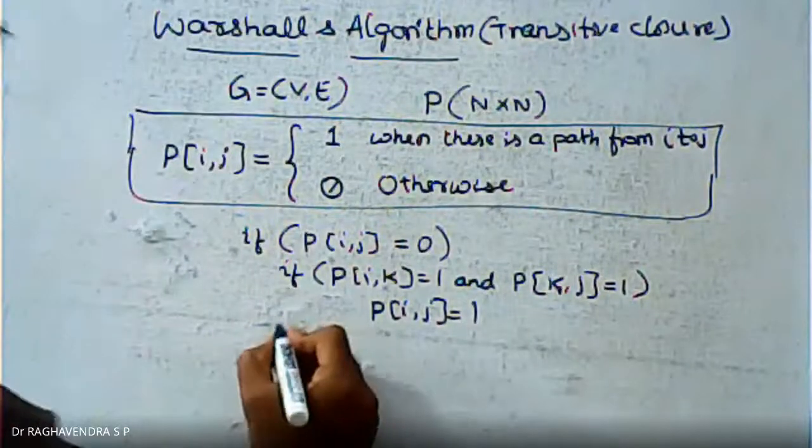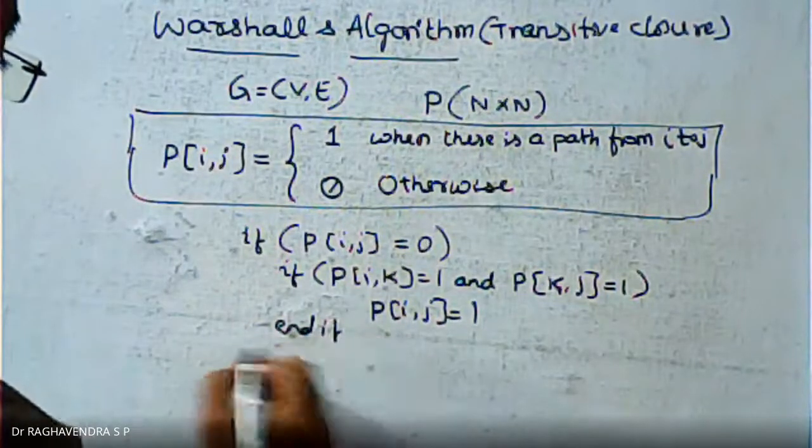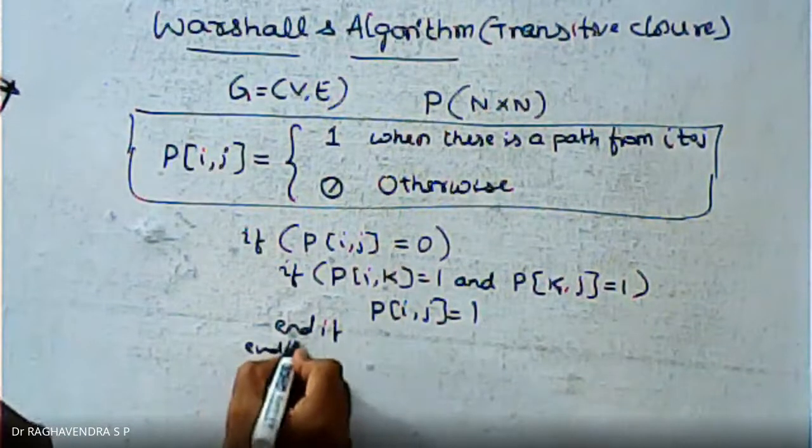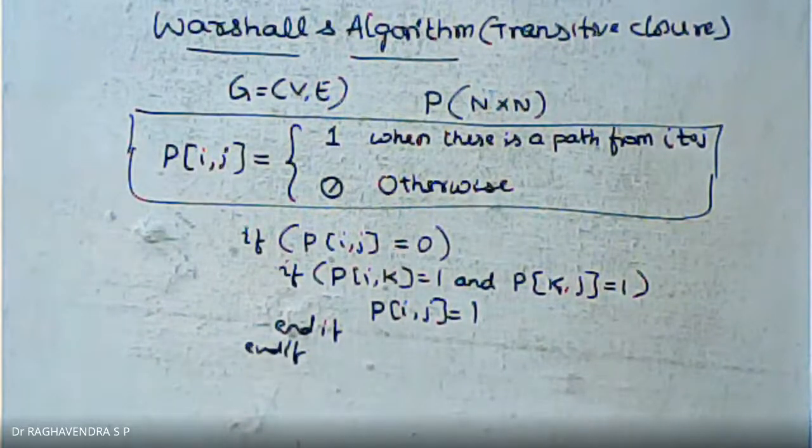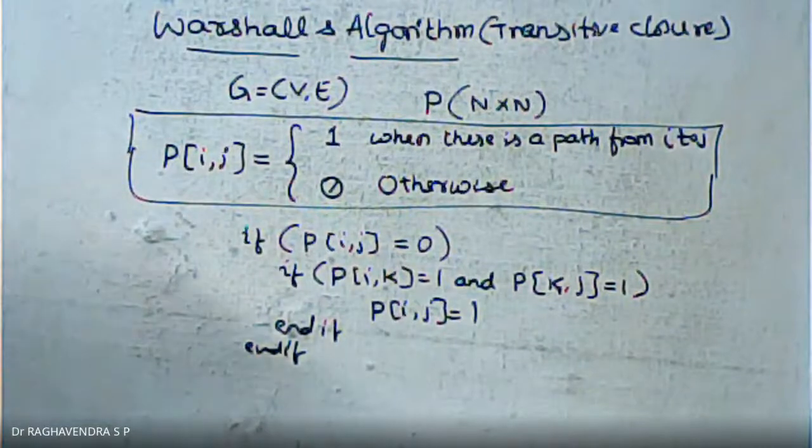So this is end, and this is also end. This is the pseudocode format of transitive closure.